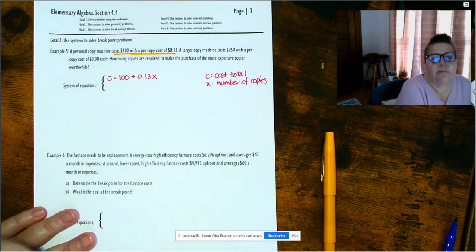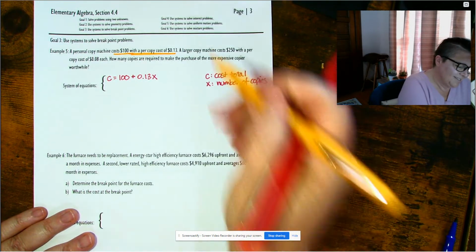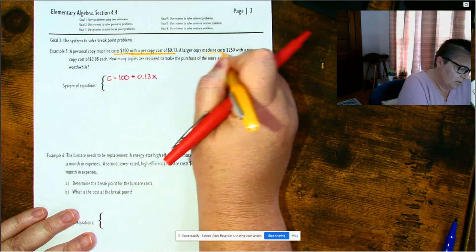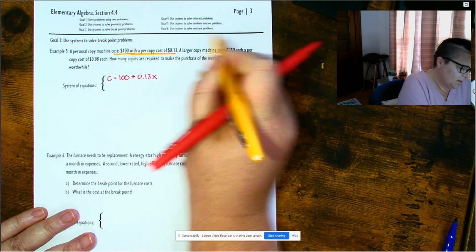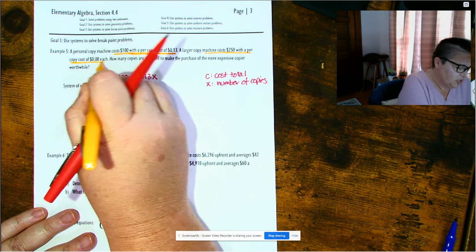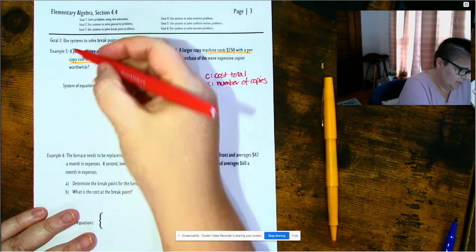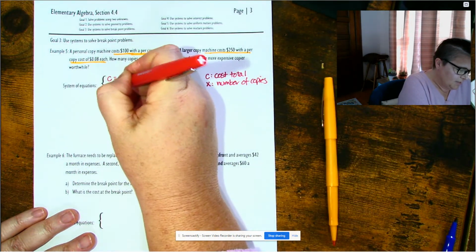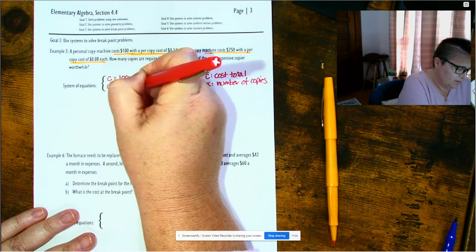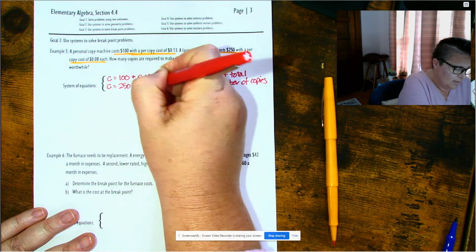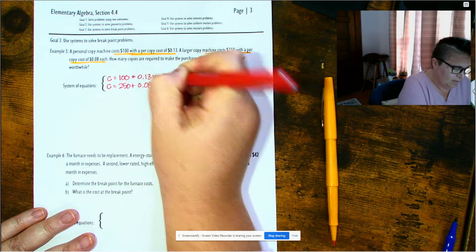Okay? Just want you to be aware of that. A larger or second copy machine has an upfront cost of $250, but each copy only costs 8 cents. So my second option is that the total cost would be $250 and then 8 cents for every copy.